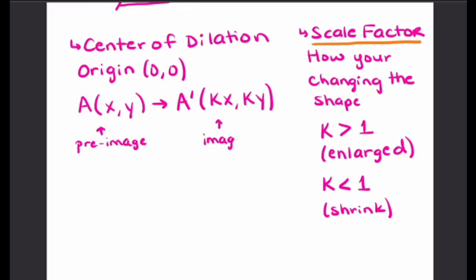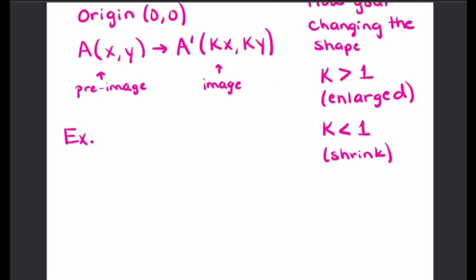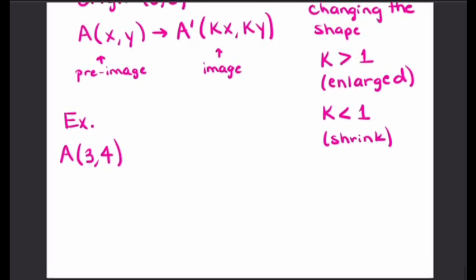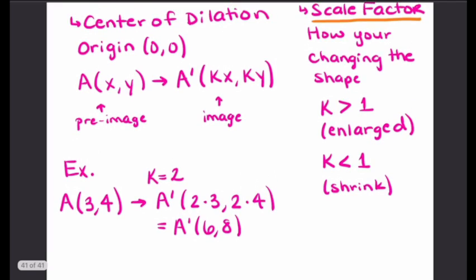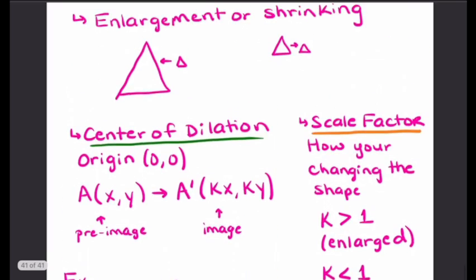For example, if I have a point A at 3, 4, and we dilate that figure by a scale factor of 2, I multiply 2 times X and 2 times Y. So your new point A is at 6, 8. You do the same exact thing for all the points in your figure if the center of dilation is the origin. We're going to start off with the origin as the center of dilation.